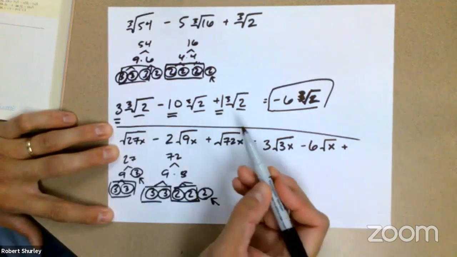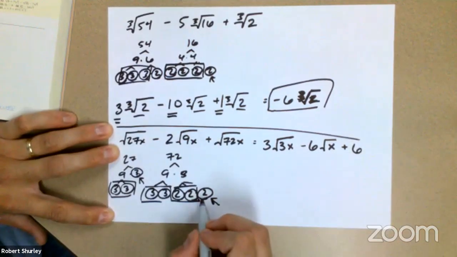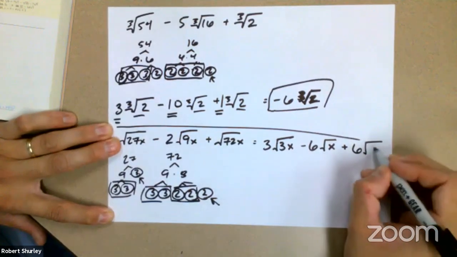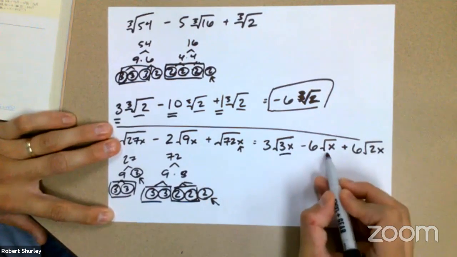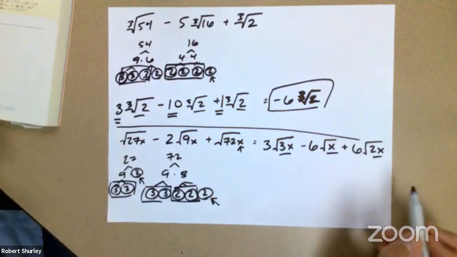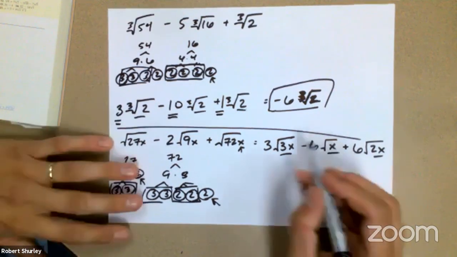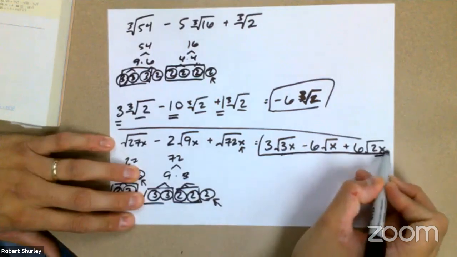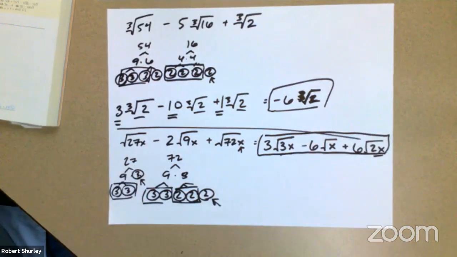So I'm going to take the 3 out and the 2 out. So that becomes 6. I'm left with a 2. And don't forget the x here. Oh, man, none of these are the same. You guys see that? So look, we can't add any of these together. They're not like terms, but we had to simplify them completely, even though we couldn't add them together. Kind of goofy looking. That's just how it is.